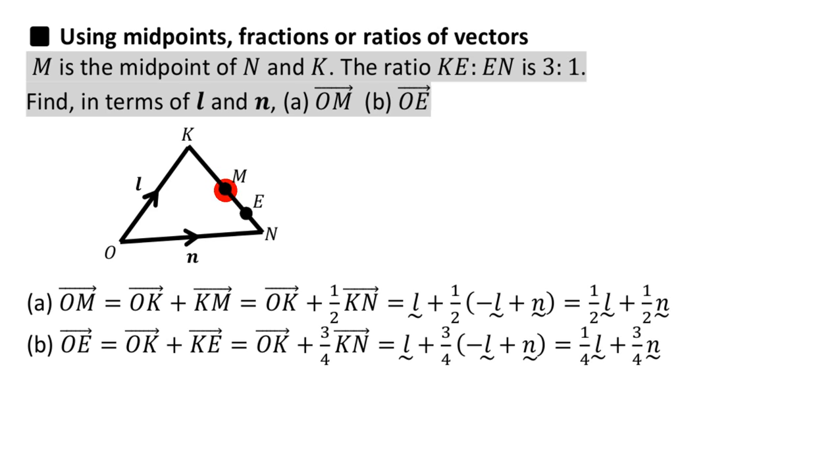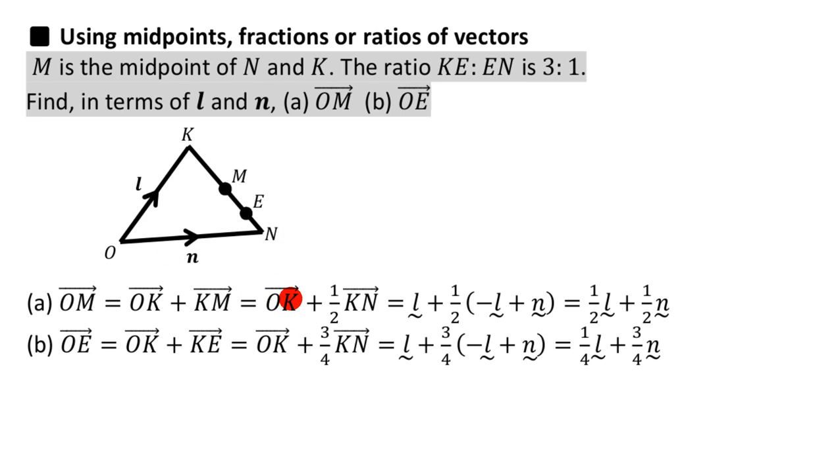So K to M is actually part of a bigger line called K to N, and you can work out K to N. That's the general technique: if you've got a bit of a line, work out the whole line first and then work out that bit of it. So work out the whole line and ask how much is K to M? Well, that's half of it, so half of the whole line. Okay, let's get on with doing it.